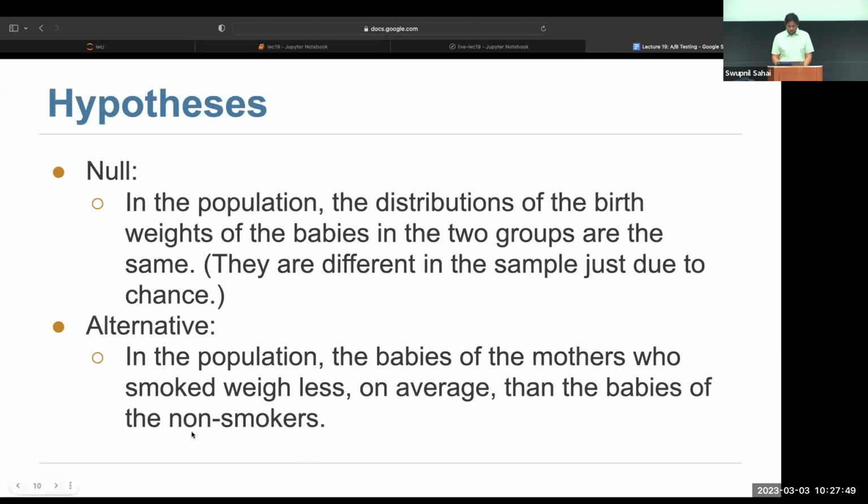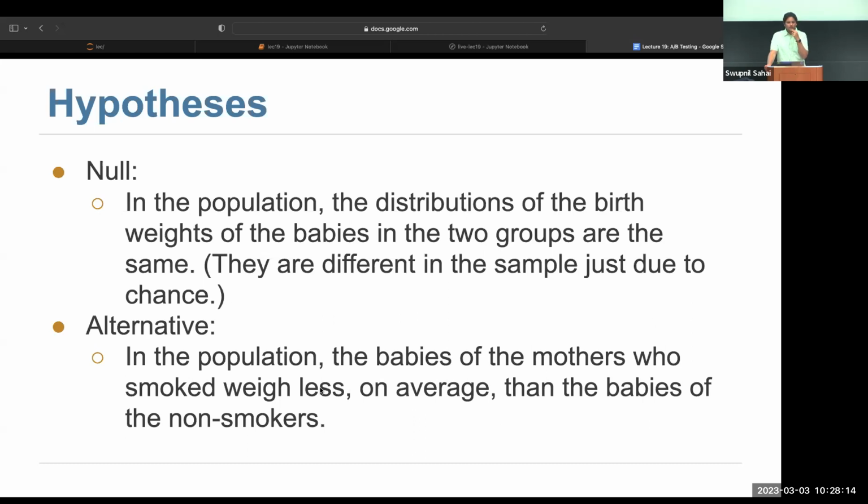And if you didn't catch it, I said non-smokers minus smokers. All right, so any thoughts? Is that going to be high values for the alternative or low values for the alternative? What do you think?